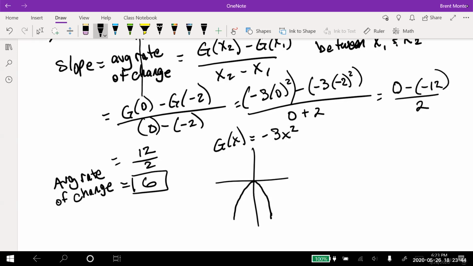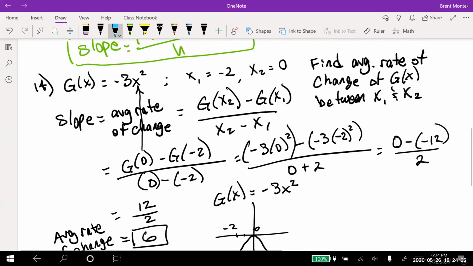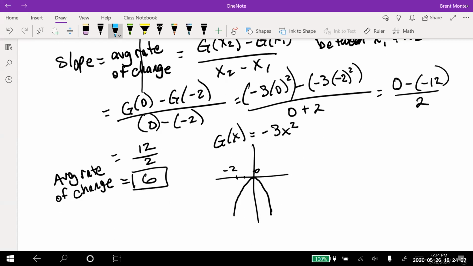And what we're doing is going from negative 2 to 0. Let's get another colored pen here.